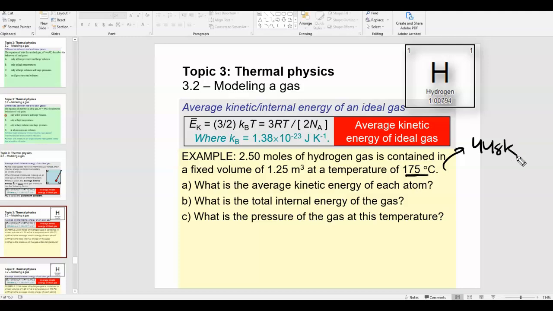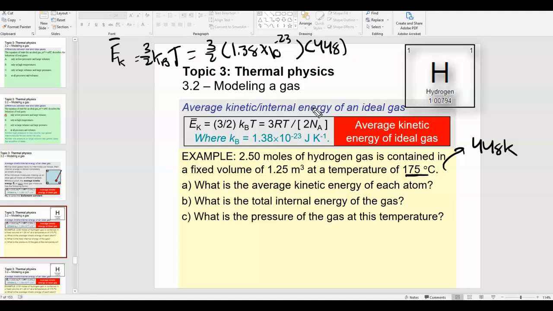Now question A says, what is the average kinetic energy of each atom in the gas? That's going to use the equation that we just learned about. EK average is equal to 3 halves times Kb times T. So that would be 3 halves times 1.38 times 10 to the negative 23 times the temperature in Kelvin, which is 448.